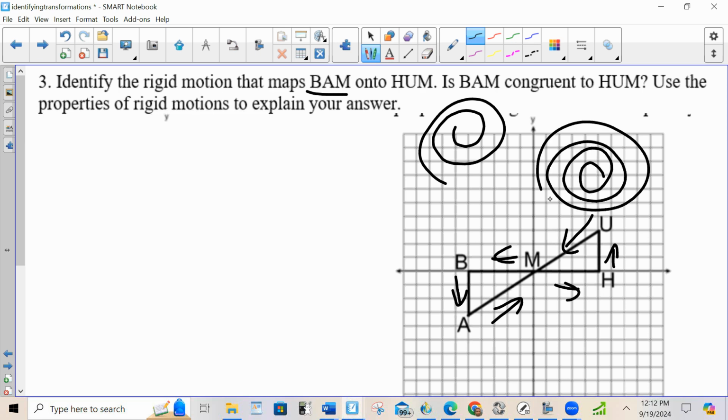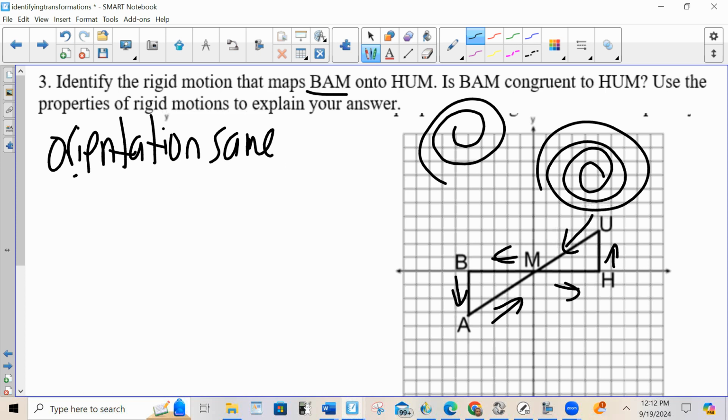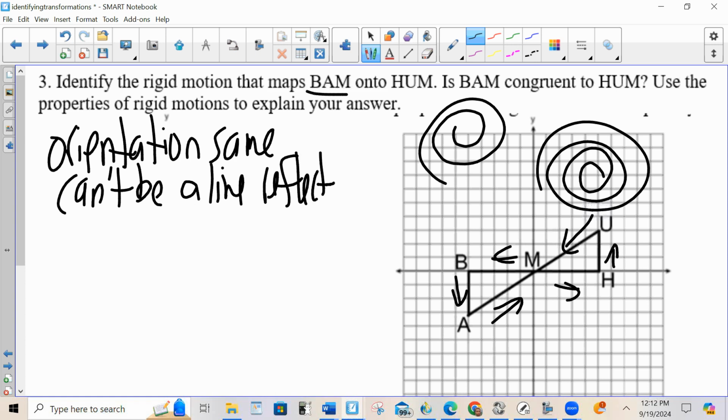They're both going counterclockwise. Orientation is the same. So it can't be a line reflection. So we're left with translation or rotation. It's pretty clear that that's a rotation.